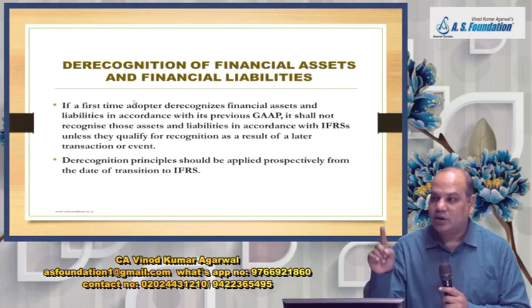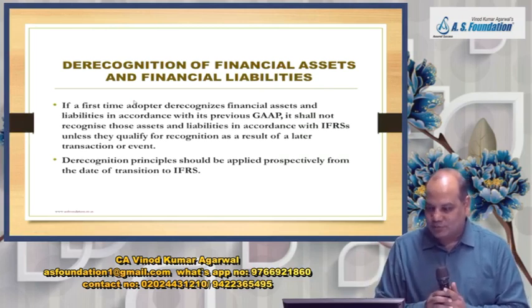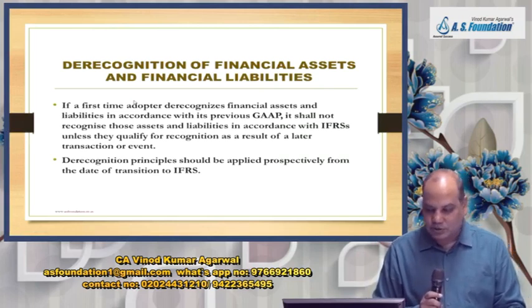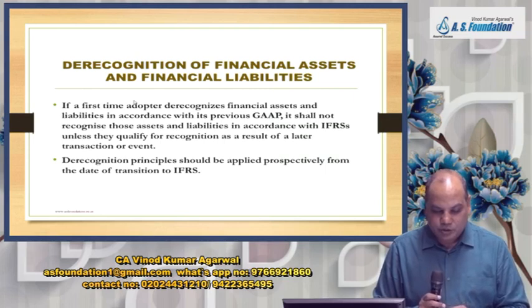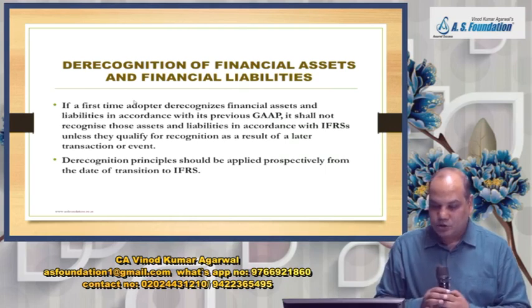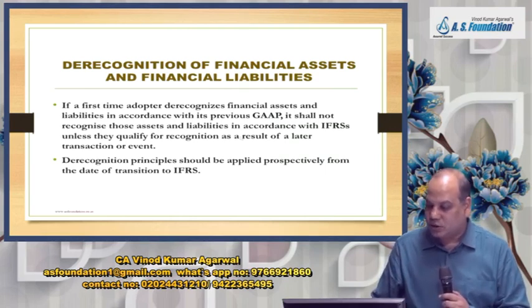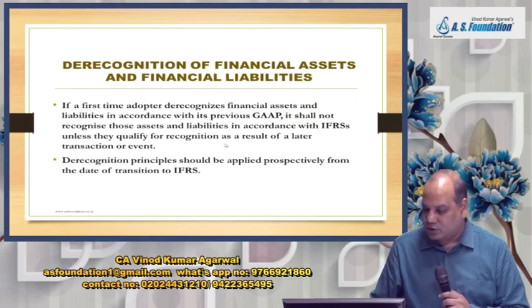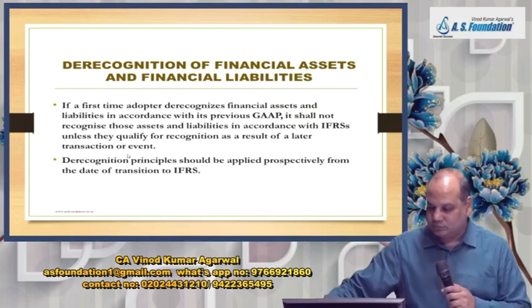Second mandatory exemption. Okay, second mandatory exemption means what you will not do from retrospective effect. If a first time adopter de-recognizes financial assets and liabilities in accordance with its previous GAAP, it shall not recognize those assets and liabilities in accordance with IFRS unless they qualify for recognition as a result of a later transaction or event.